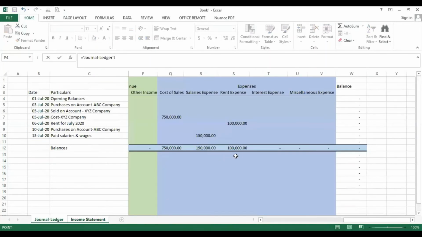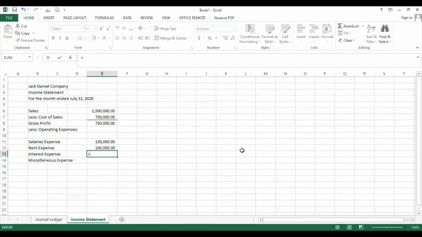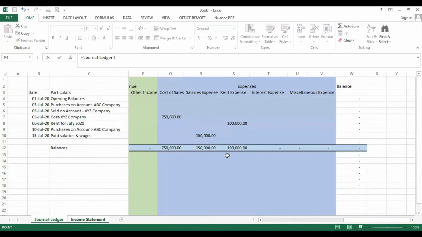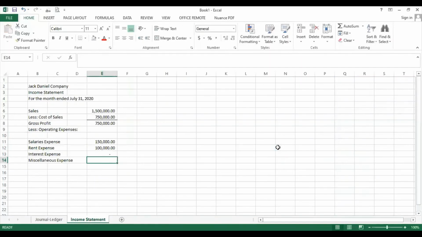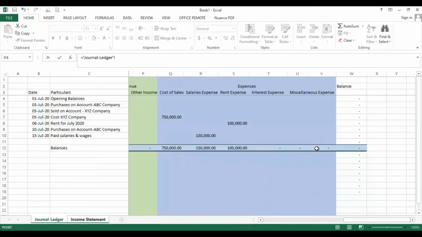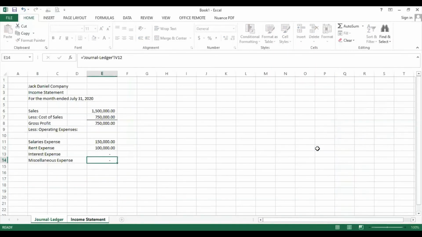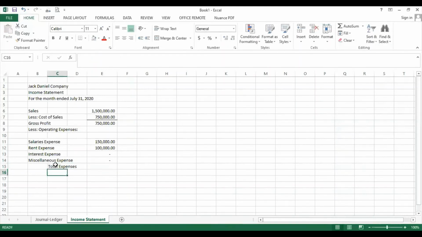So you just click the total rent expense. Then you have to link the interest. Even if it's zero, you just click the total interest expense. So miscellaneous, you just click it here. Okay, so we now have total expenses.